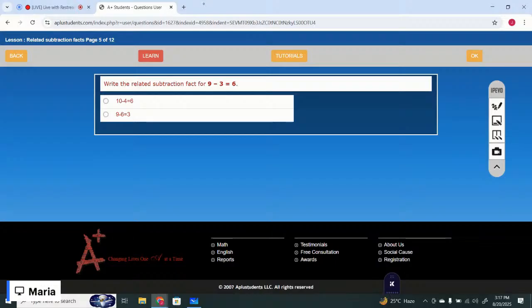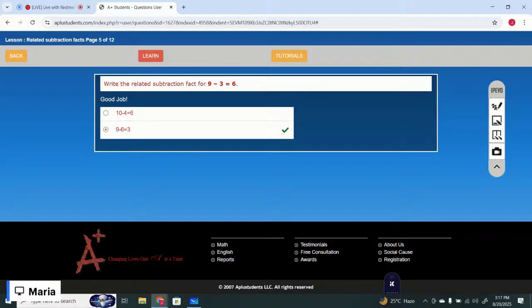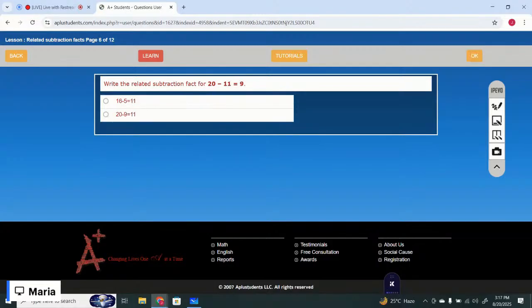Option number is the correct option. Write the related subtraction fact for 20 minus 11 equals 9. That would be 20 take away 9 equals 11. Option number 2 is the correct option.